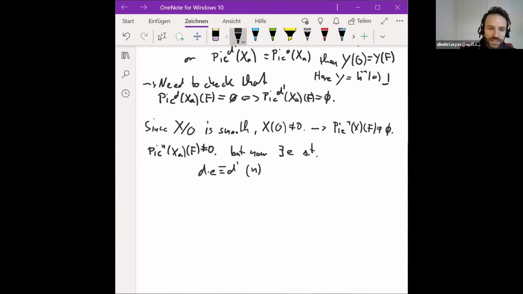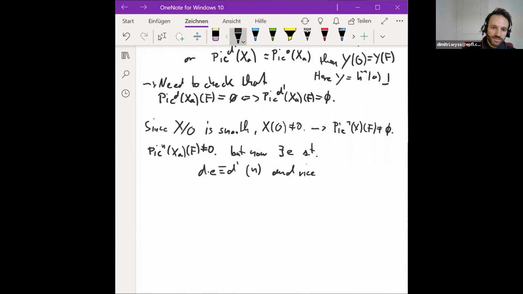And so this implies that if Pic^d has a rational point, a line bundle, then I can just take its e-th power, which will be of some degree congruent to d', and I can use the degree n line bundle I already have to construct one like this.